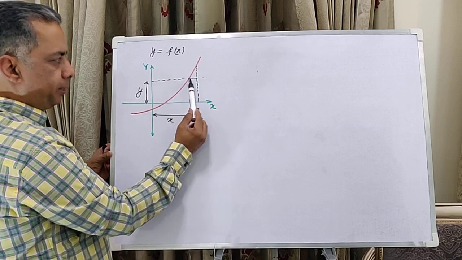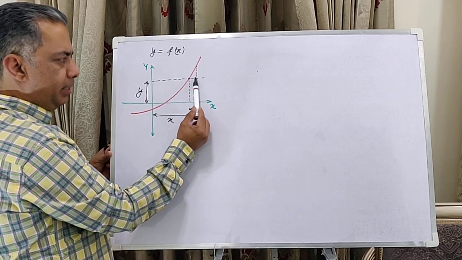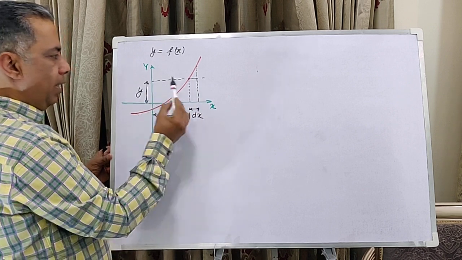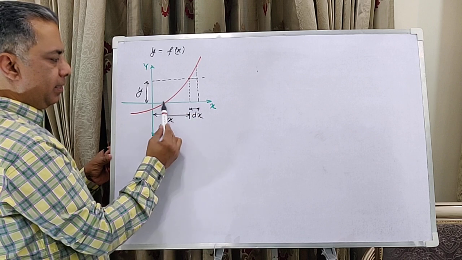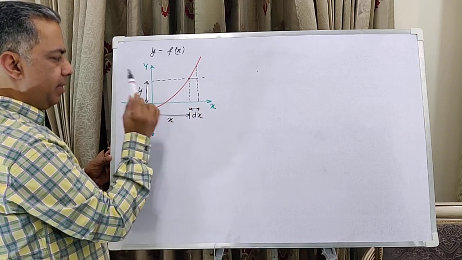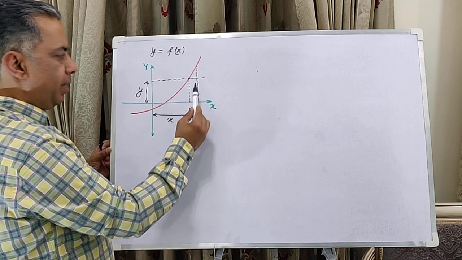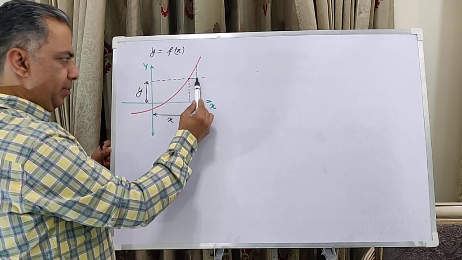Now have a careful look. This here is dx, and from here to here, this length is x. Similarly, this length is y.